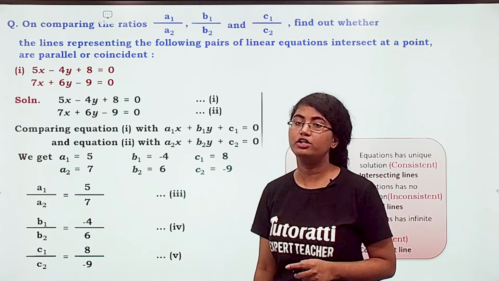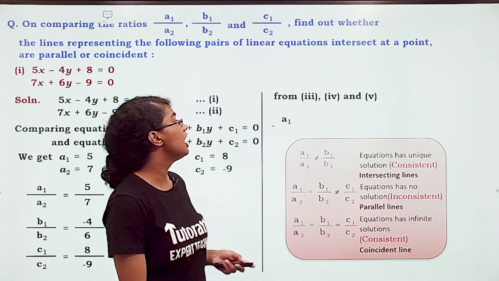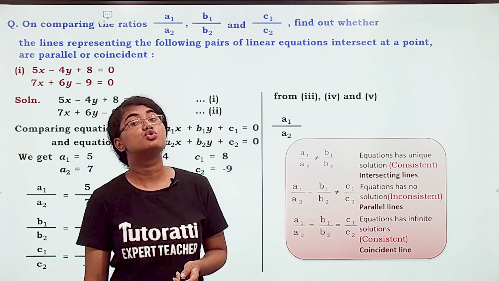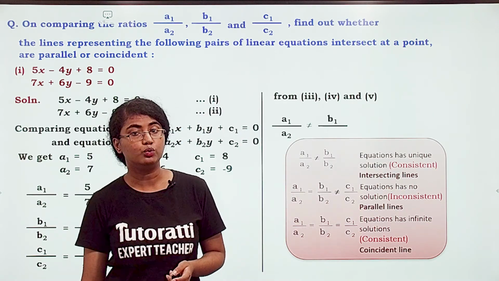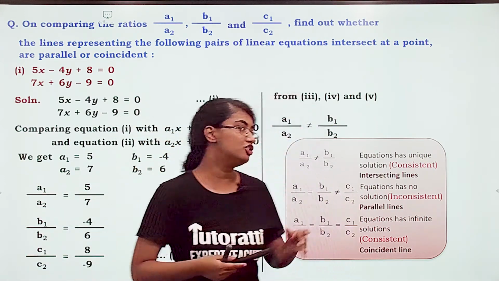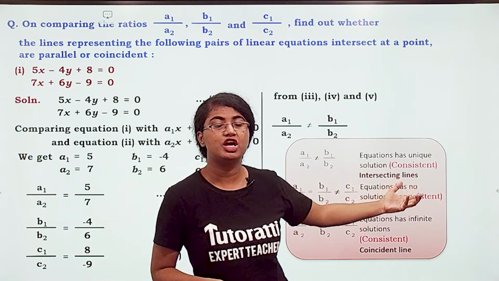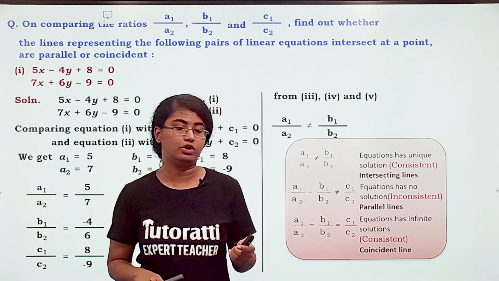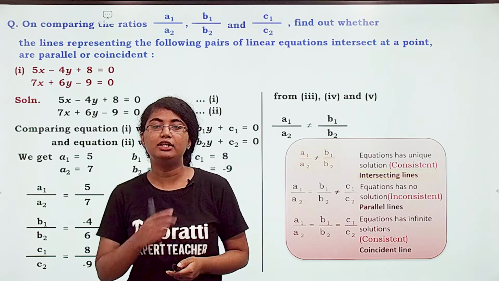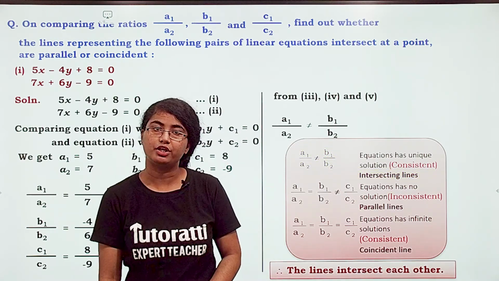No, they are all different. So we can identify from these ratios that a1 upon a2 is not equal to b1 upon b2. We do not need to go to c1 upon c2 because we have established our initial condition, which is that we have intersecting lines and the nature is consistent. So we conclude that the lines are intersecting.